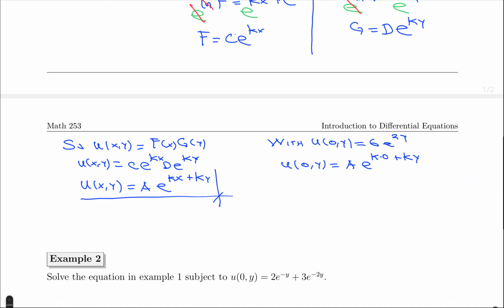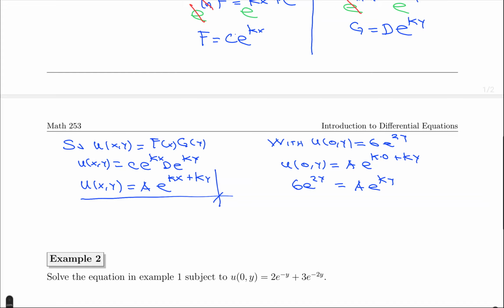So the right hand side becomes A e^(ky), and what's u(0, y)? That's whatever the initial condition gives, which is 6e^(2y), all right?